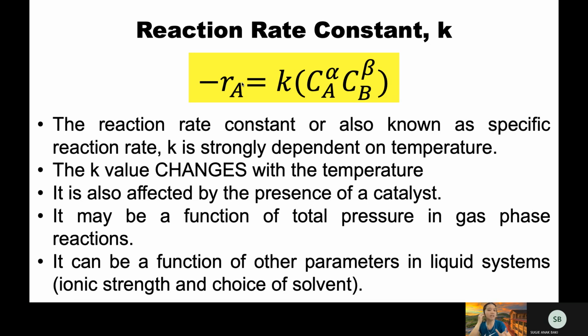So definitely when you change temperature, I change K, I change minus RA, and any change in my minus RA will change my reactor performance. Let's say your heater is broken or something, you think it's okay, a slight temperature change will not affect. Even a slight temperature change will affect your reactor performance.